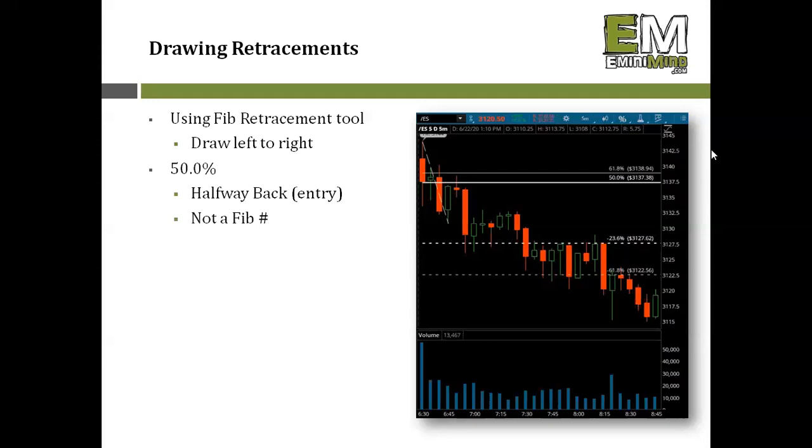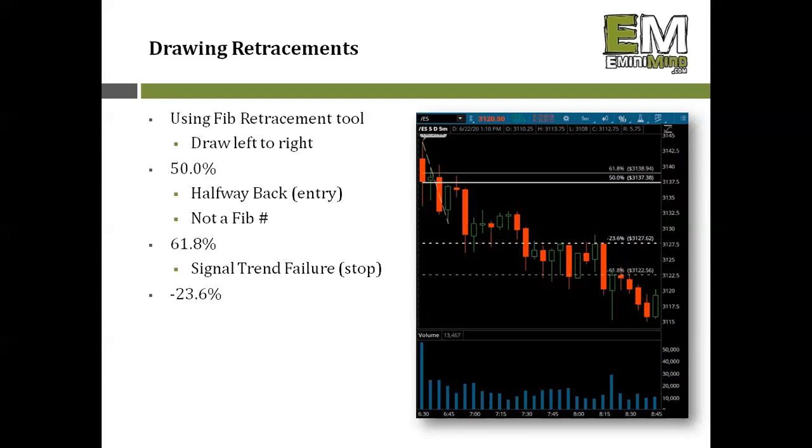And so that 50% isn't a fib number. It's just used as an arbitrary entry point, if you will. The 61.8 is the stop area or zone. And then the minus 23.6 is the target.